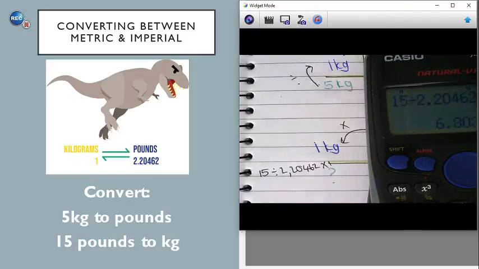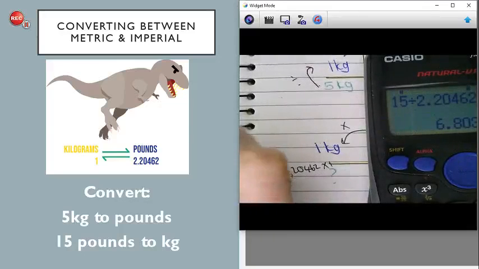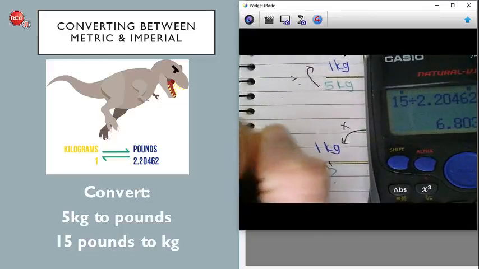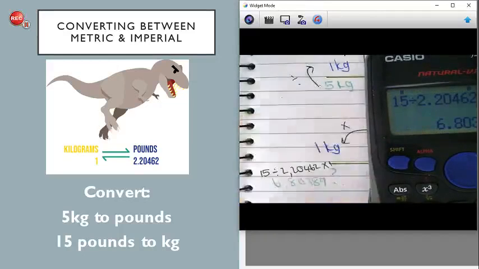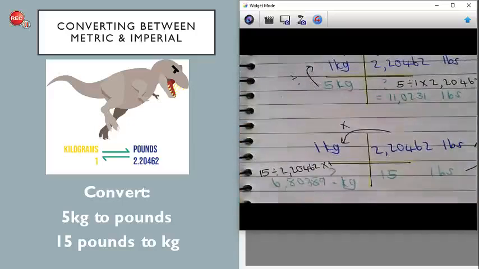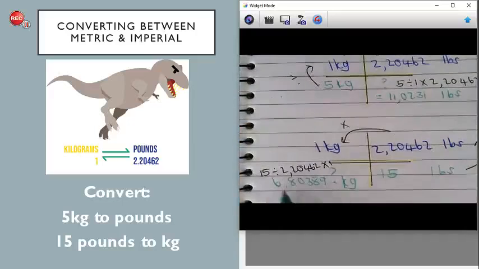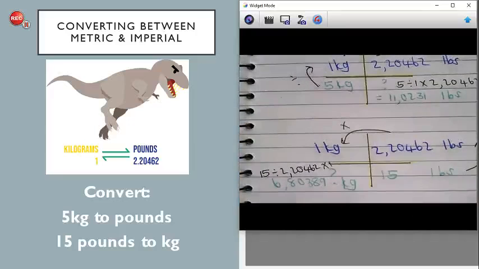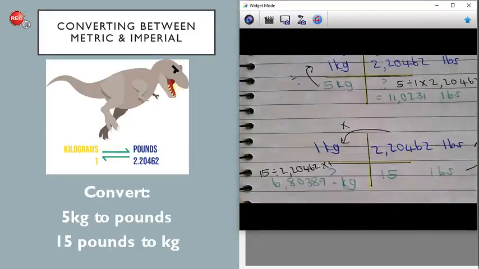And that gives us a total of 6,80389, and it carries on like that, kilograms. So in other words, this is using 5 decimals. So here we also have 5 decimals. So that's basically what we need to do.